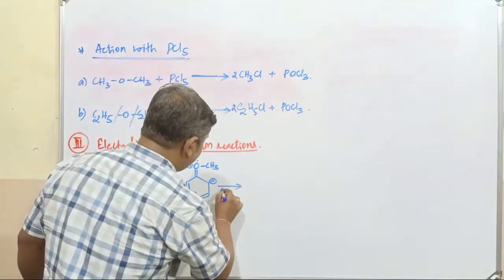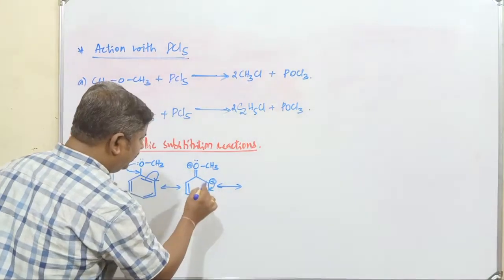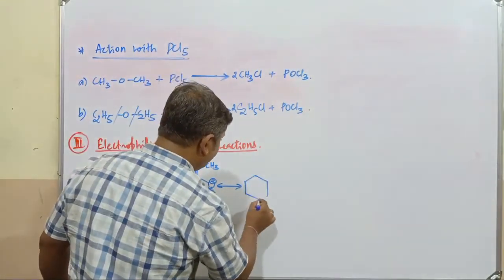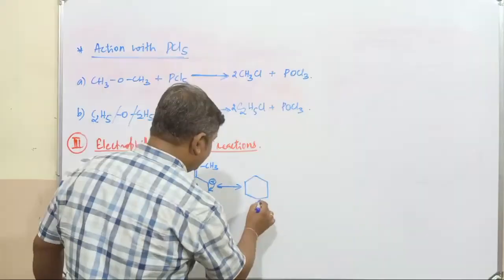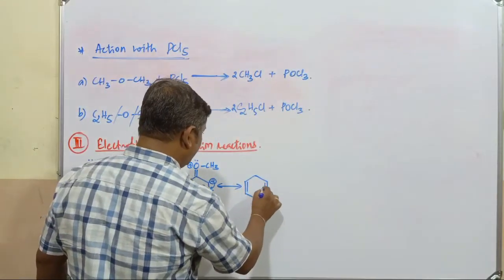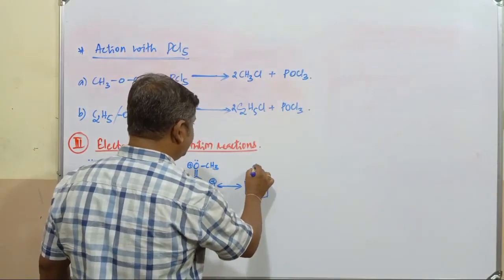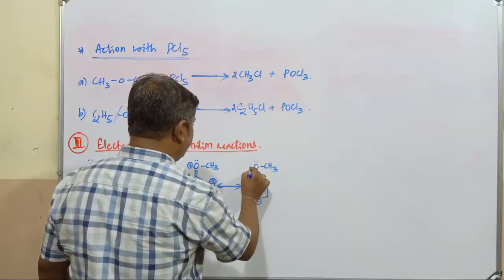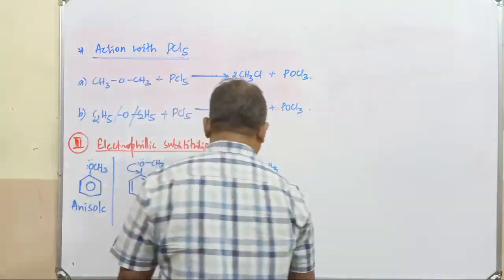Next structure, a double bond forms and this increases electron density here. So the compound obtained has a negative charge, double bonds, oxygen and CH3 with lone pair, and a positive charge. Okay.